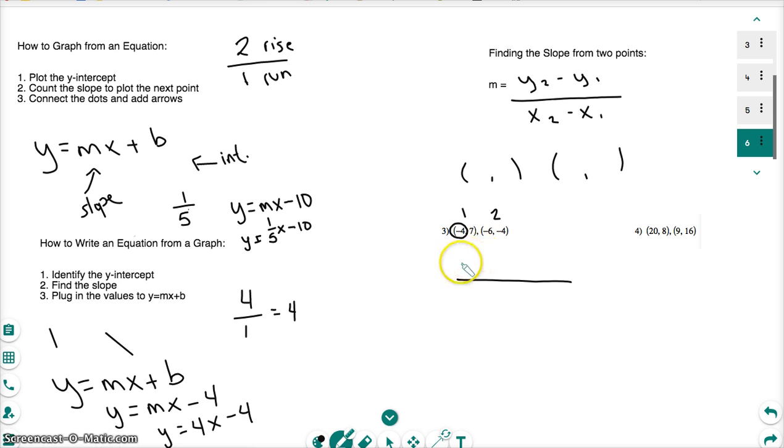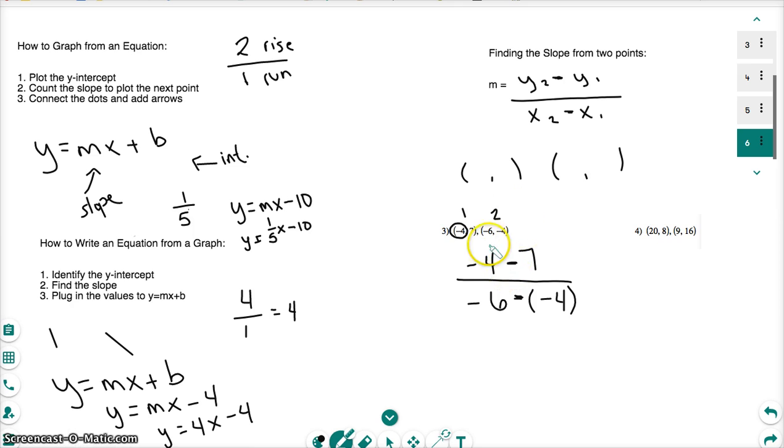I'm starting with my second coordinate. So negative 4 minus 7 over, I started with the second coordinate, so I have to start with the second coordinate again. Negative 6 minus, because the formula is minus, negative 4. Take a look at how I wrote this. I kept the negatives because these 2 subtraction signs need to be in there because the formula says it's the difference in y's over the difference in x's.